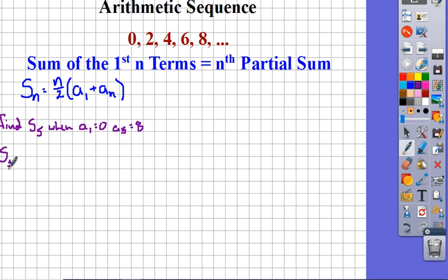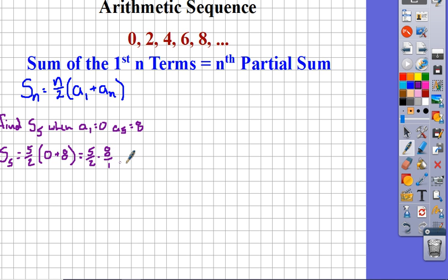The sum of the first 5 terms is going to equal 5 divided by 2, or the number n divided by 2, times our first term 0 plus our last term 8. We can see that we'd have 5 halves times 8, since 8 plus 0 is 8.